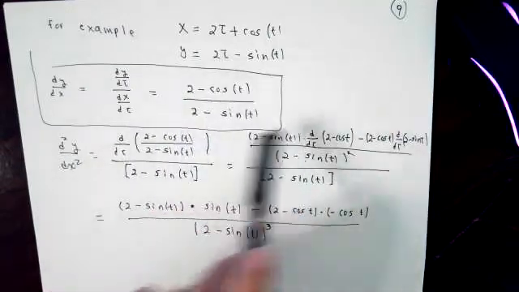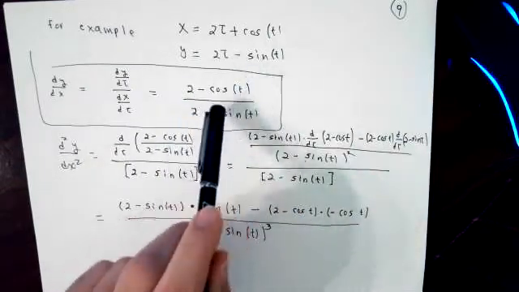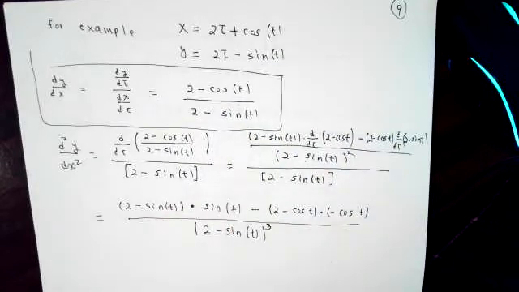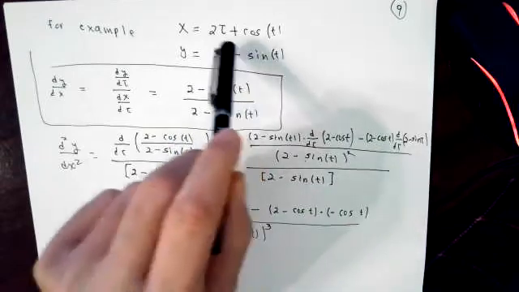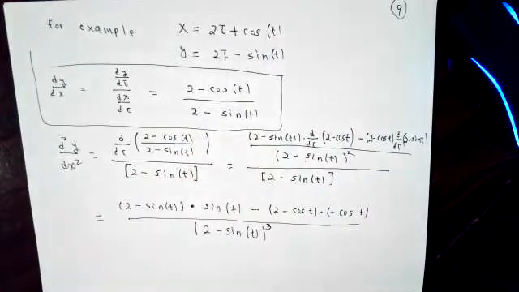Derivative of y is 2 minus derivative of sine t is cosine t. I've got to divide that by the derivative of x with respect to t. Derivative of 2t is 2 plus the derivative of cosine t is negative sine t. So in terms of t, dy dx is 2 minus cosine t divided by 2 minus sine t.